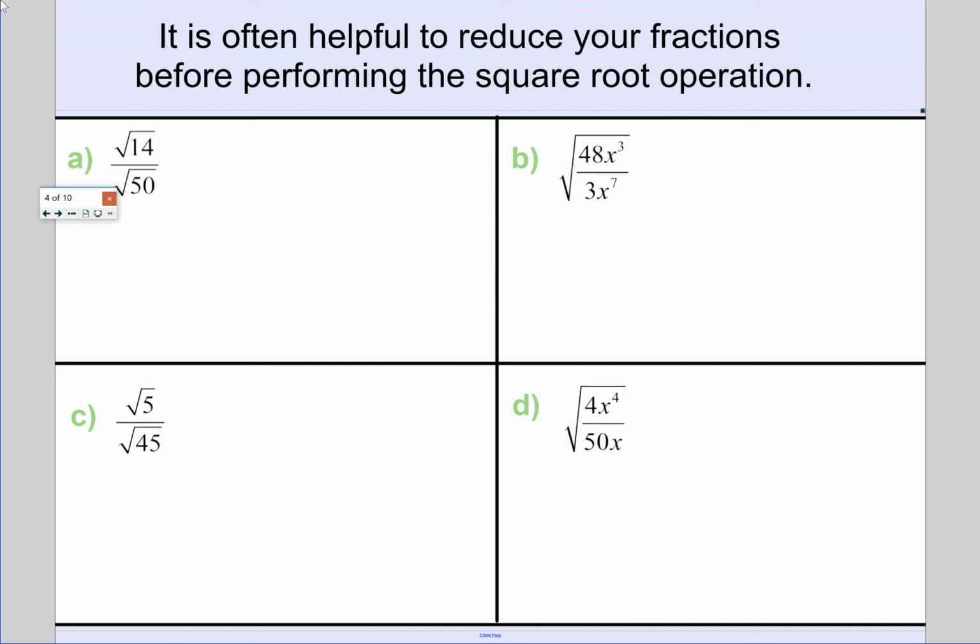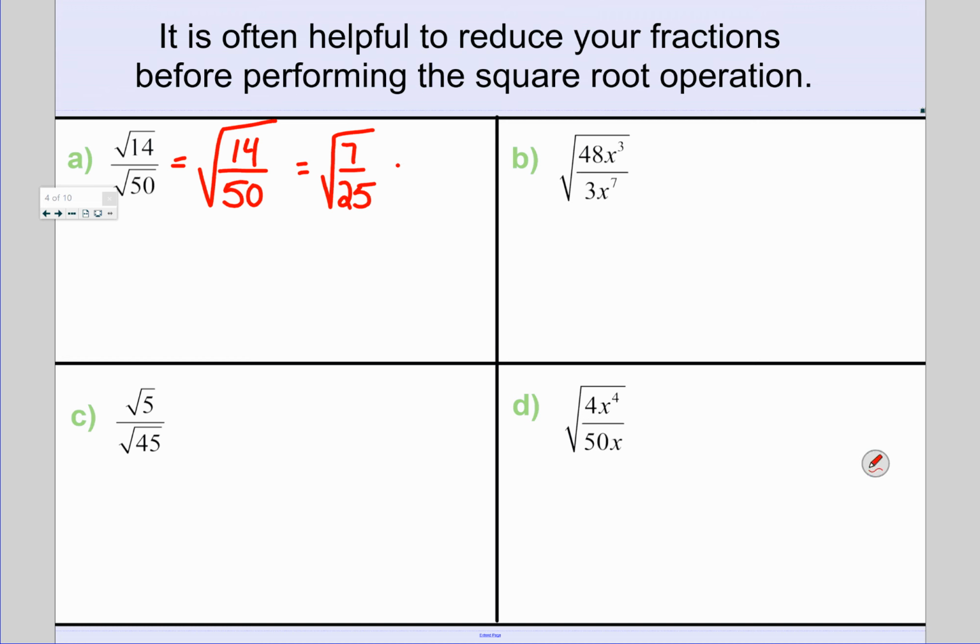So let's look at the square root of 14 over the square root of 50. I don't know what either of those 2 square roots are. But if I would rewrite this expression as 14 over 50, and then reduce that fraction as much as possible, that would be the square root of 7 over the square root of 25. I now see that in the denominator of my fraction, I have the number 25, which is a perfect square.